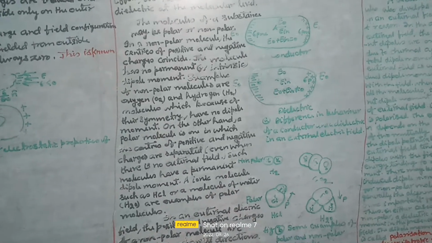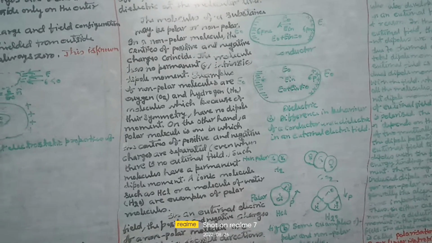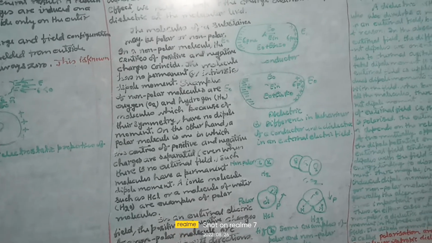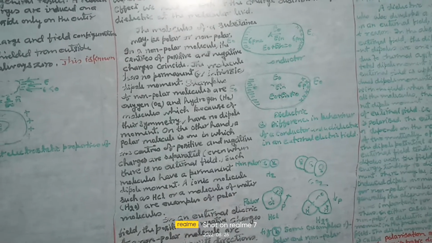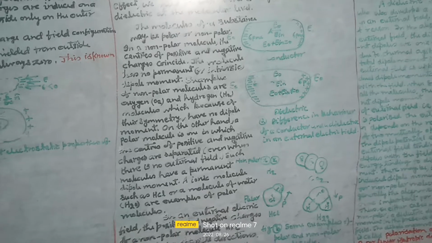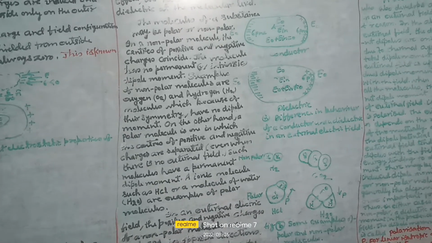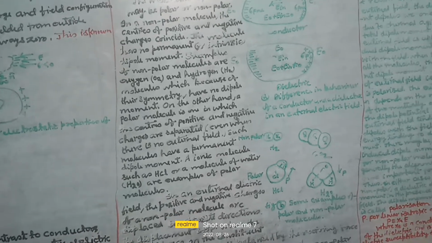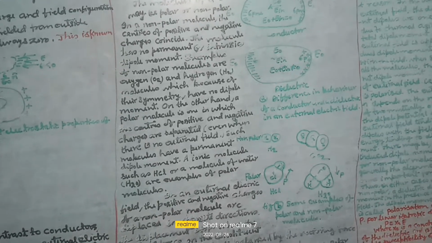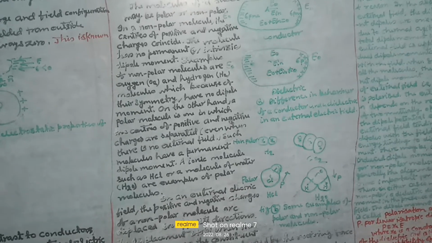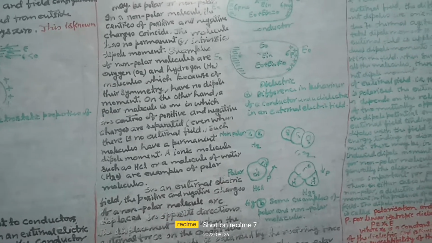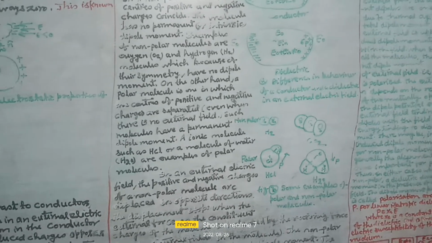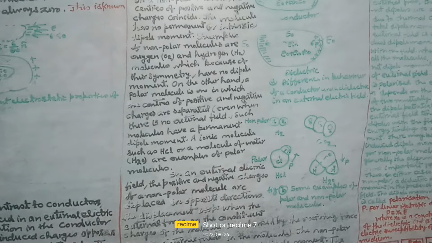Examples of non-polar molecules are oxygen and hydrogen molecules, which because of their symmetry have no dipole moment. On the other hand, a polar molecule is one in which the centers of positive and negative charges are separated even when there is no external field. Such molecules have a permanent dipole moment. An ionic molecule such as HCl or a molecule of water are examples of polar molecules.